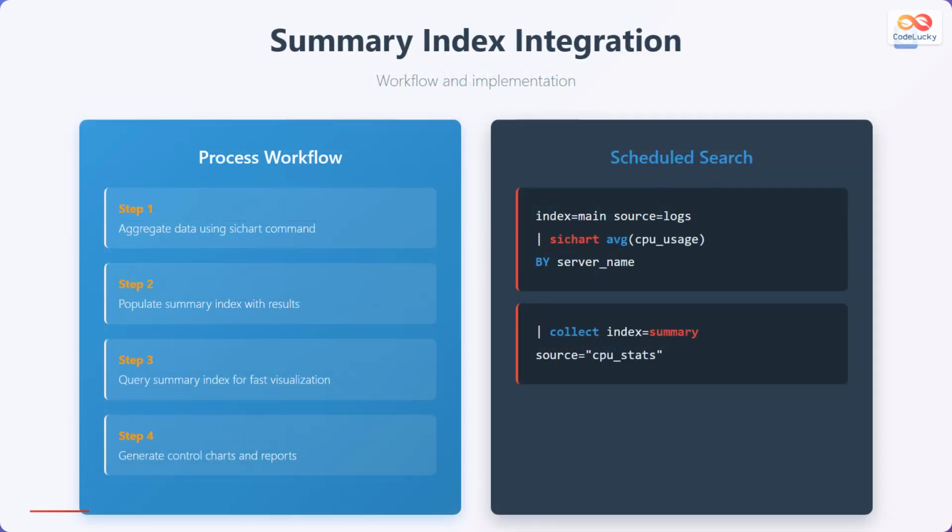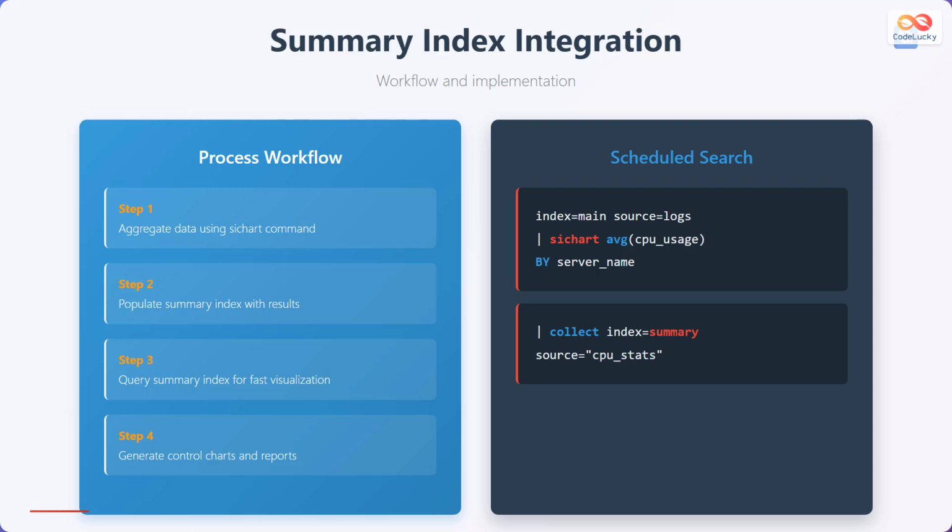The sichart command integrates seamlessly with Splunk's summary indexing workflow. The process follows 4 main steps. First, aggregate data using the sichart command to perform your statistical calculations. Second, populate a summary index with the results using commands like collect. Third, query the summary index for fast visualization using regular chart commands.